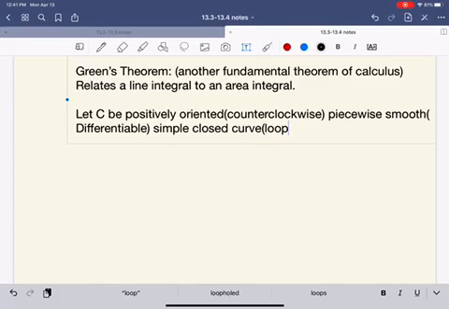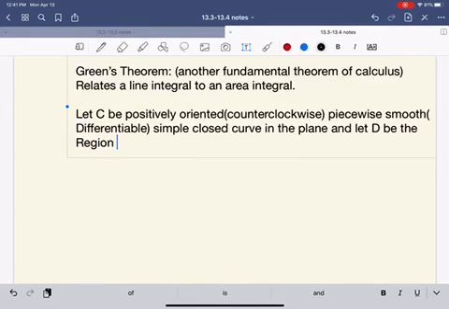It doesn't have to be a circle or an ellipse, but just something that has the same endpoint, something that starts where it finishes, in the plane. And let D be the region bounded by C.